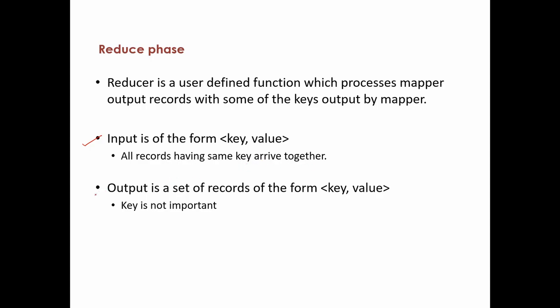Then the output is a set of records again of the form key value. Many times the key is not important unless the output is again chained. Sometimes the key may be important. Actually, many times the key is important.